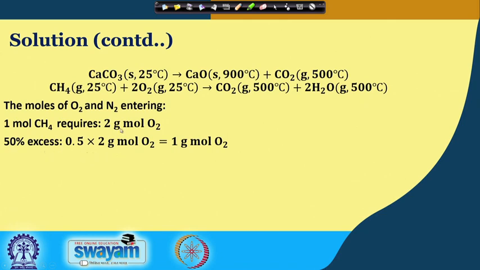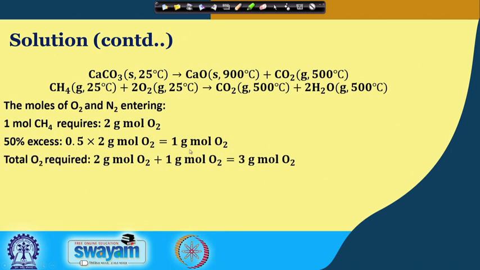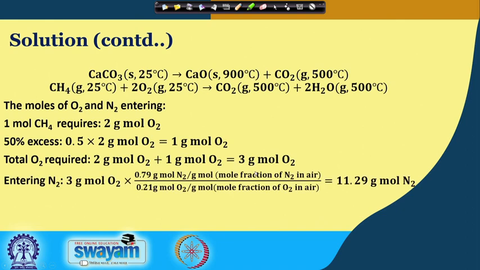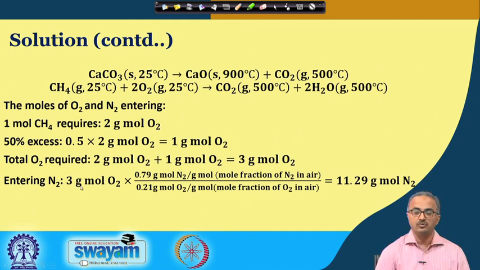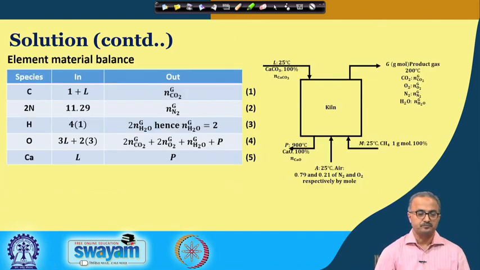So 2 gram mole is needed and we are putting 1 gram mole excess, and that is total amount of oxygen going into the system is 3 gram mole. Once we know the amount of oxygen going in, we can find out the gram mole of nitrogen going into the system.